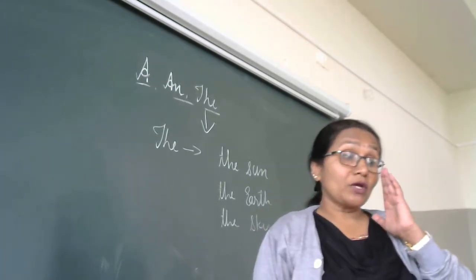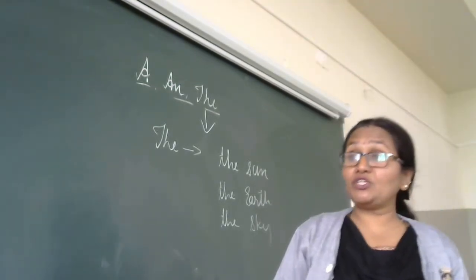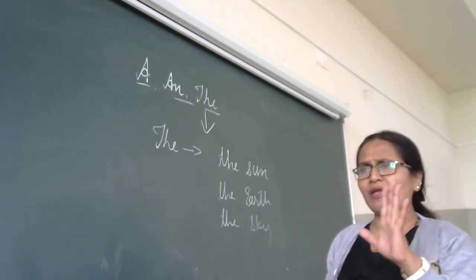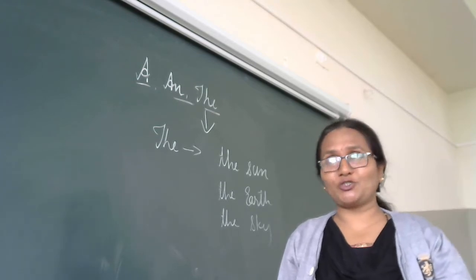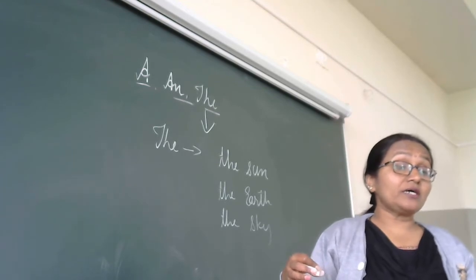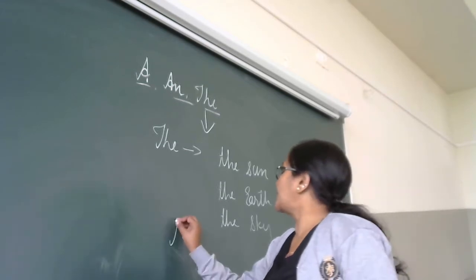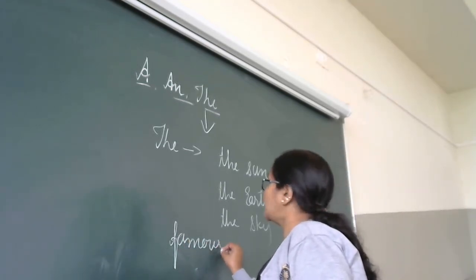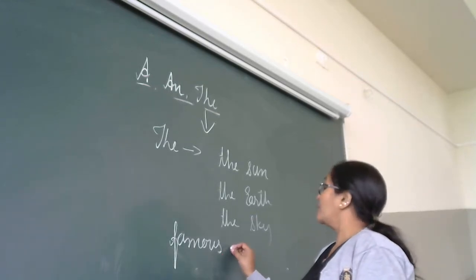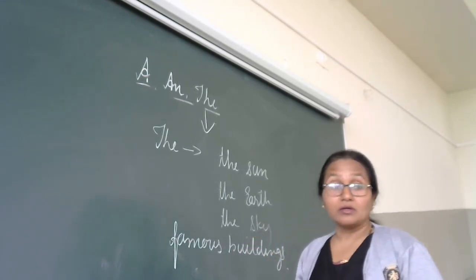Now, as I told you, we use the before the name of a famous building, like the Red Fort. That is only one famous building. The Taj Mahal is also a famous monument. So we use the. These all stand for proper nouns.